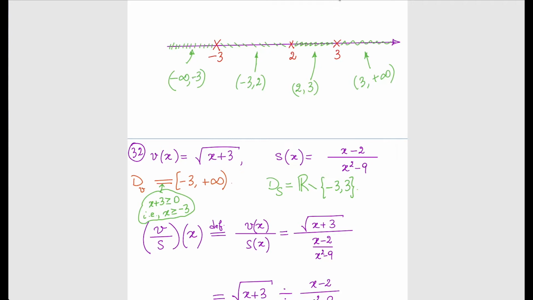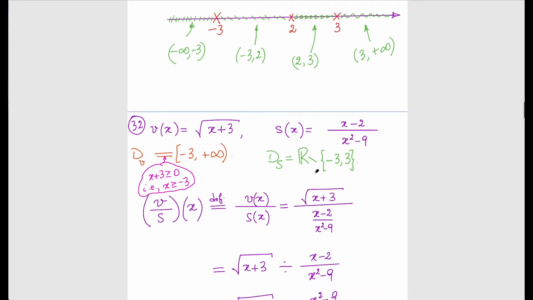Let me change the color of this so that we don't confuse them. How about this is in pink now? So the domain of v is all real numbers from -3 onward, and the domain of s is all real numbers that are not -3 nor 3.